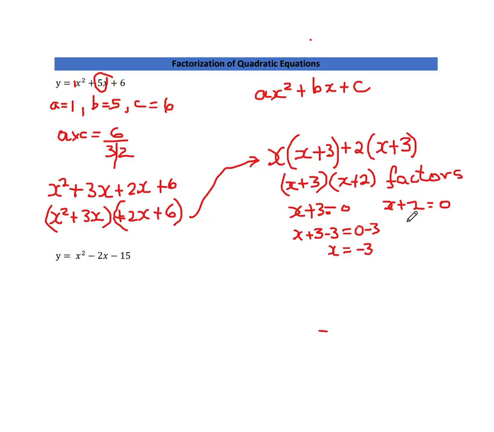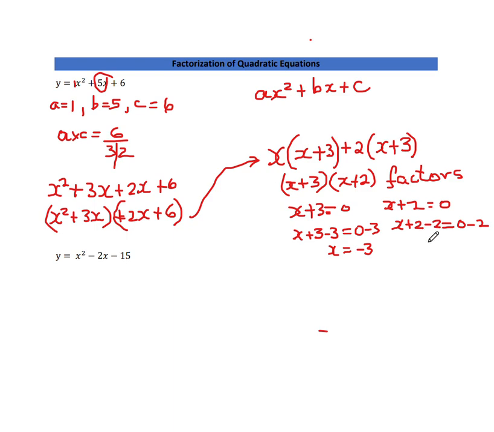In terms of the other factor, we'll use the same procedure, which is x plus 2 minus 2, because we have to subtract 2 to get rid of this positive 2 here. And we're going to do that to the right hand side of the equation as well.